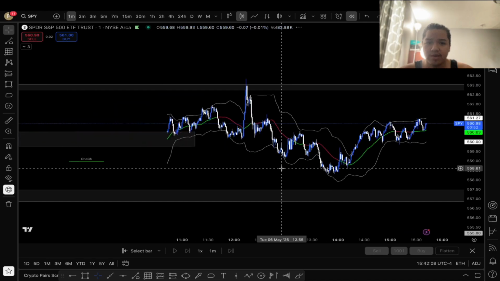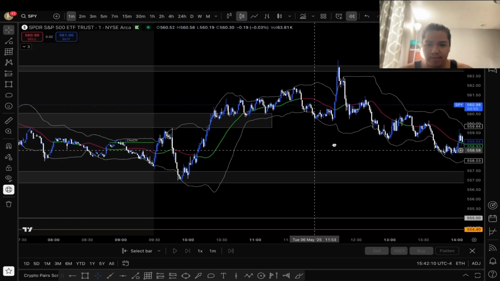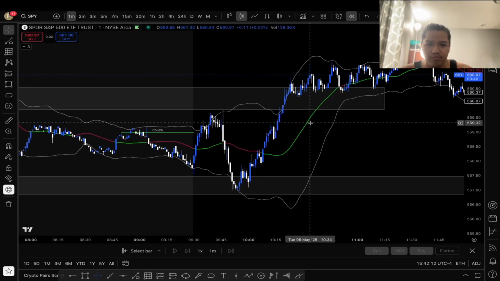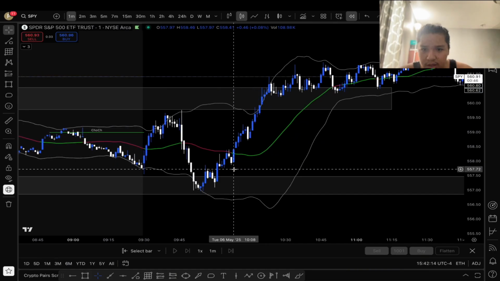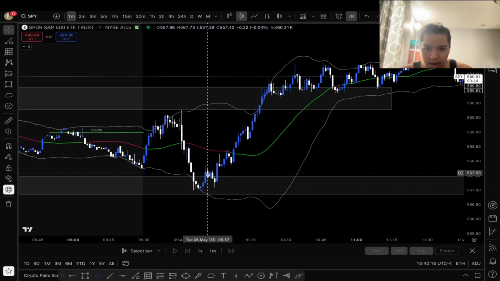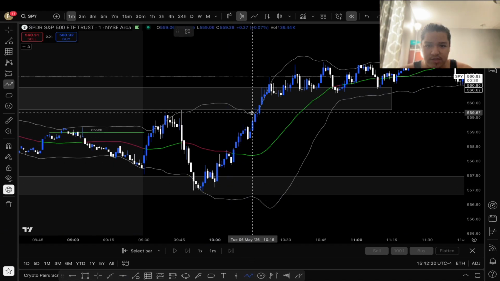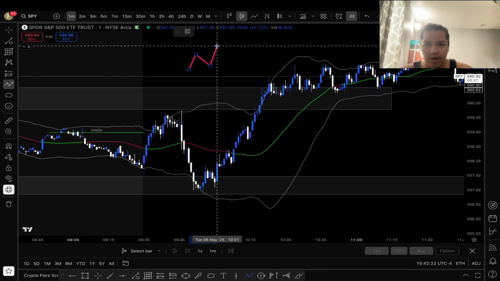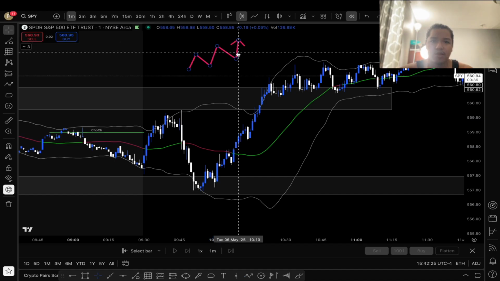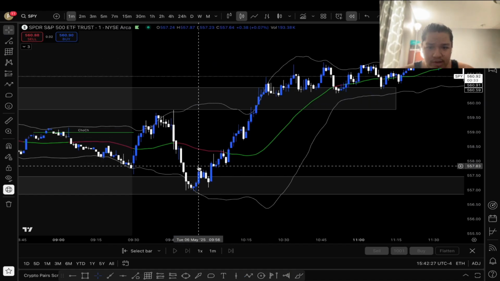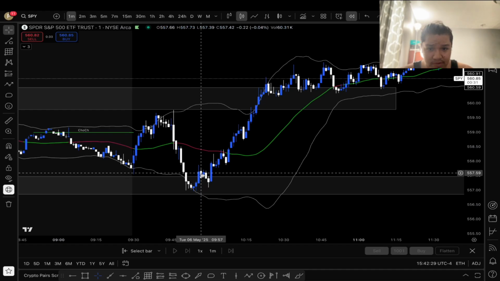But on the 1-minute, if you would have taken the trade, it would have been pretty perfect. What you want it to do is go up and then build a floor, because obviously the market moves in higher highs and higher lows. So you never want to get in right off the bat as soon as it moves up.